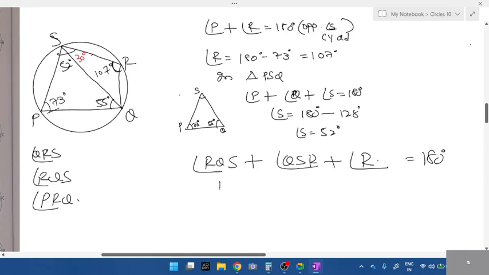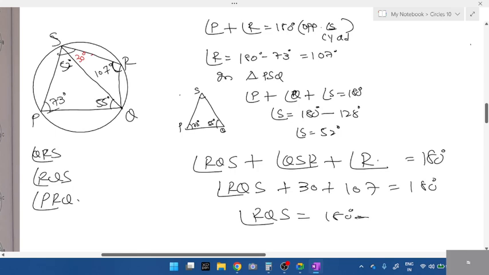RQS is what we need to find. Keep RQS as it is: 180 minus the other two values, 30 plus the other angle. So what is RQS? 180 minus 137, right? RQS is 43 degrees is the answer.